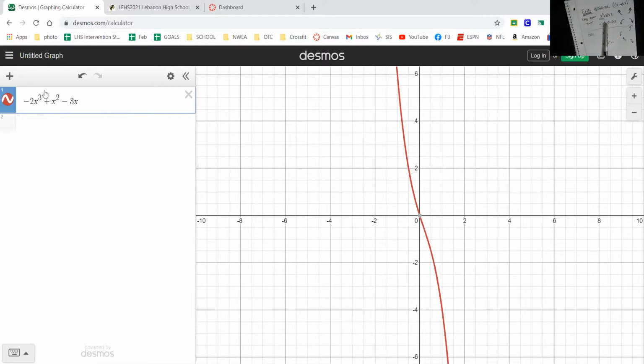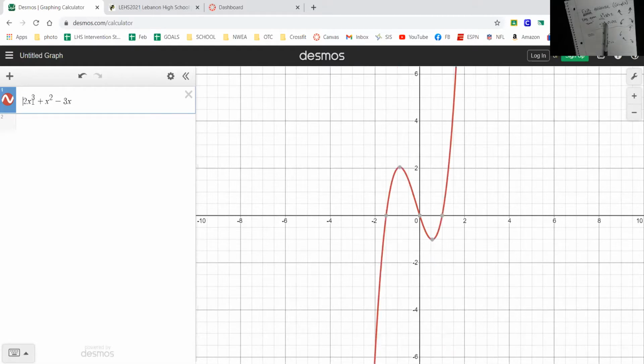If this is an odd powered function or polynomial, like an x cubed there, then you see we go in opposite directions. A positive odd polynomial is going to go down to the left, up to the right.